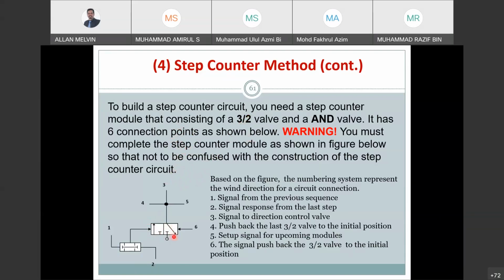No need to connect it here. Here you just need to activate this line, so if there is a signal here, all of 3, 4, 5 will have input. So you just need one trigger. So 3/2 is enough. You don't need 5/2, because you are not controlling a double acting cylinder, you are just activating this line.